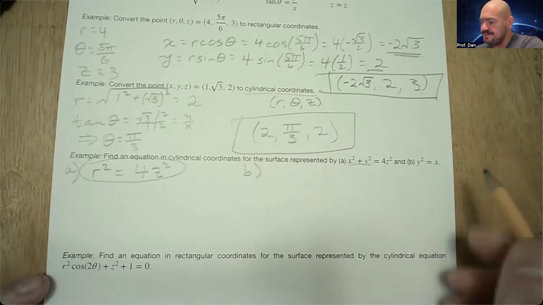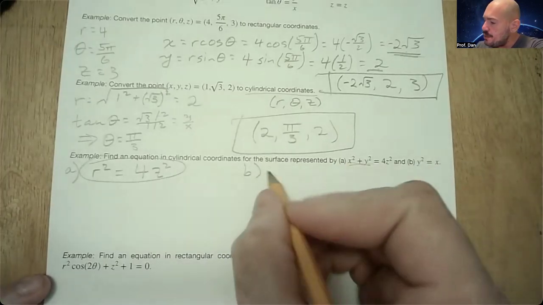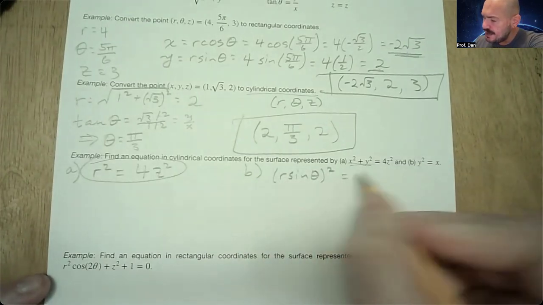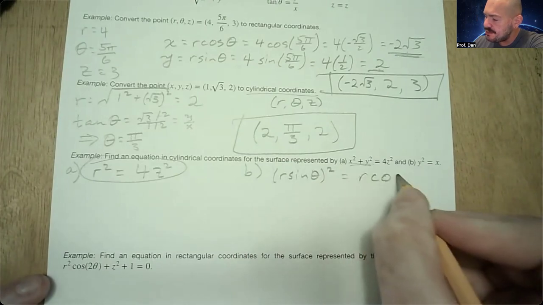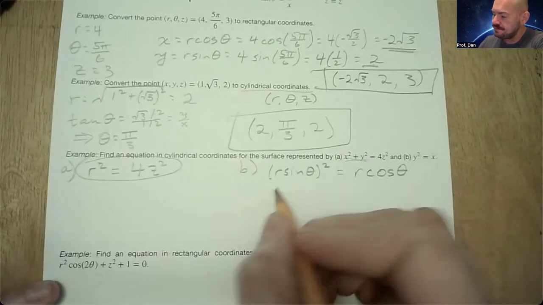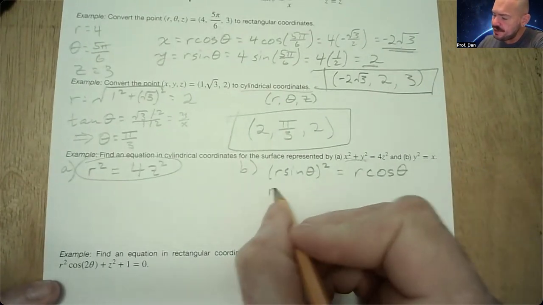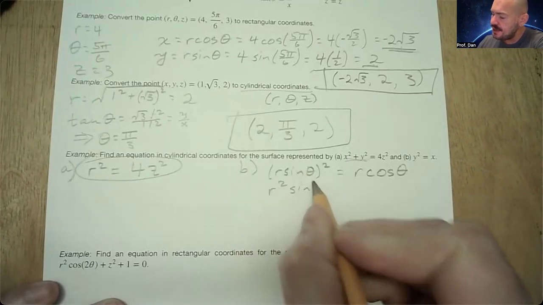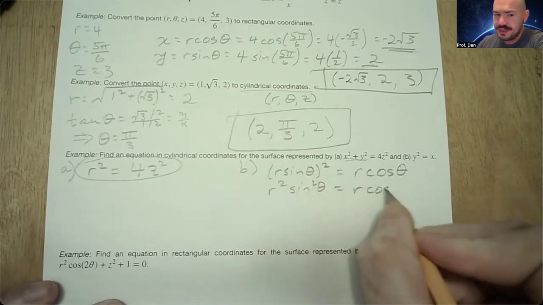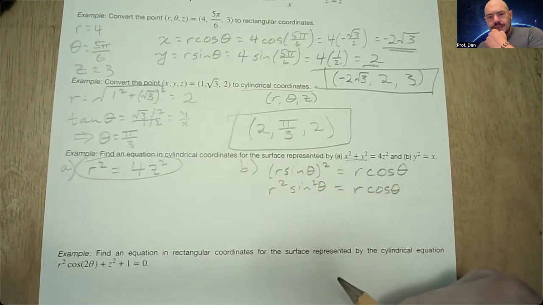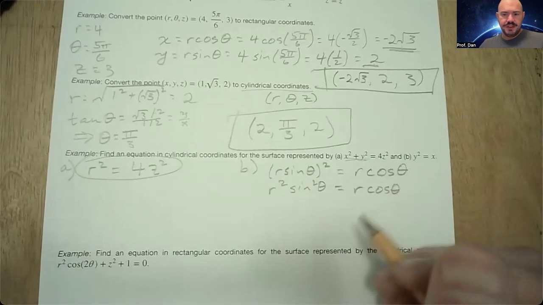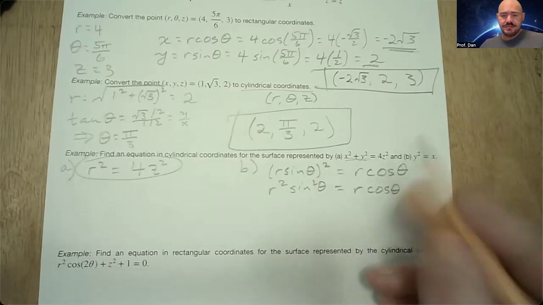But yeah, so if I replace y with r sine theta, and I replace x with r cosine theta, we'll basically get r squared sine squared theta is equal to r cosine theta. At this point, I do have an equation in terms of only cylindrical variables, so this is perfectly fine.